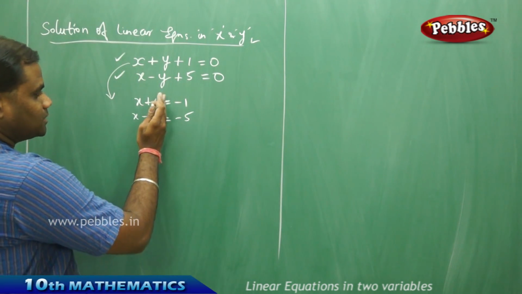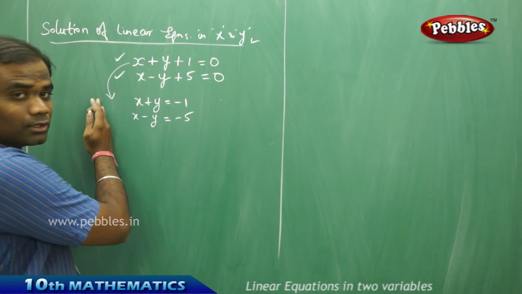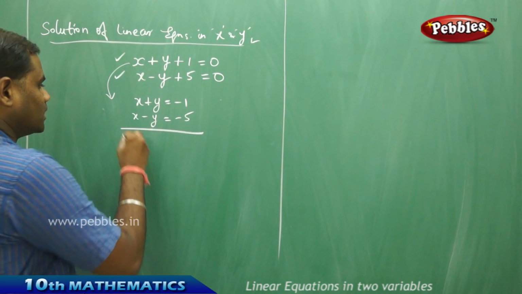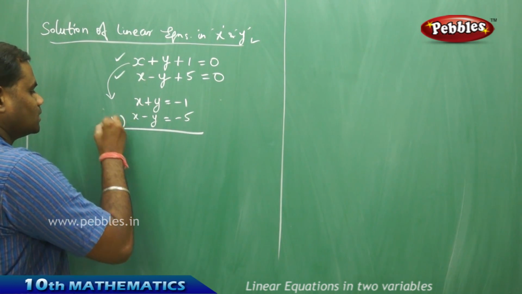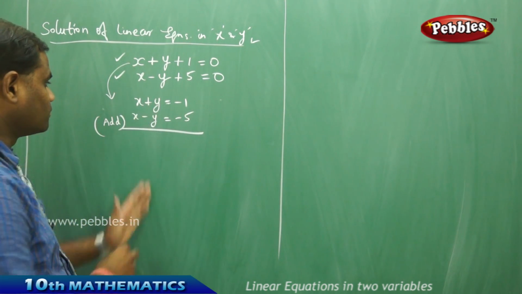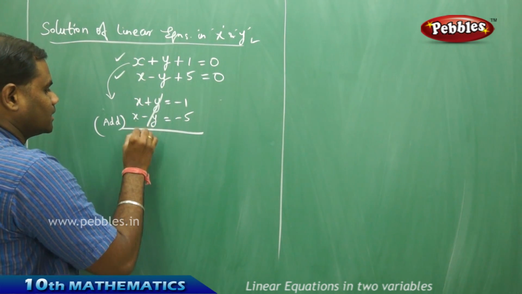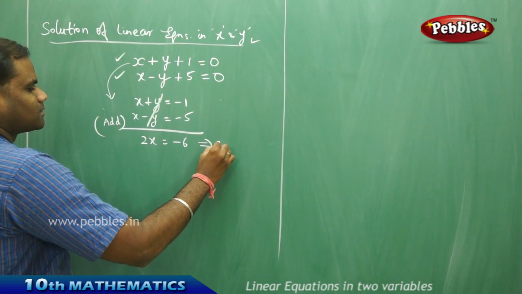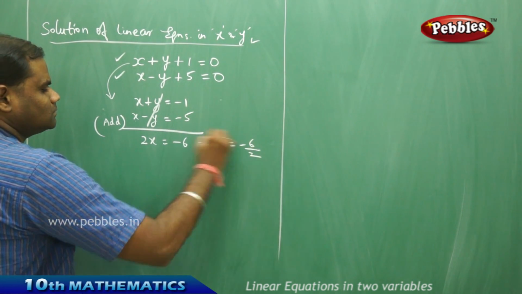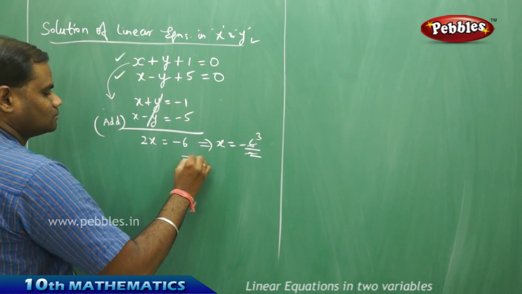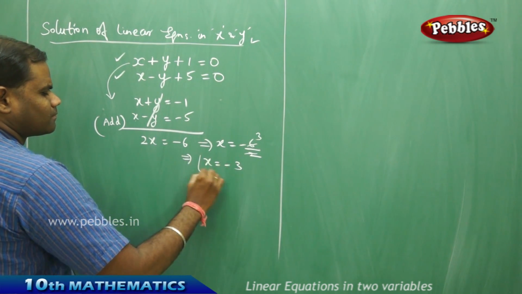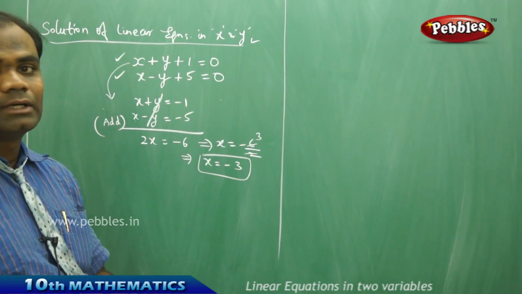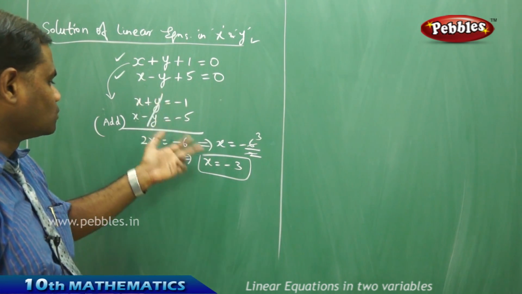Once I arrange all the constants on the right side and all the unknowns on the left, I either add or subtract, as we have learned in the lower classes. When we add, y cancels and I get x plus x is 2x equals minus 6, which implies my x is minus 3, which I get by solving with addition of the two equations.